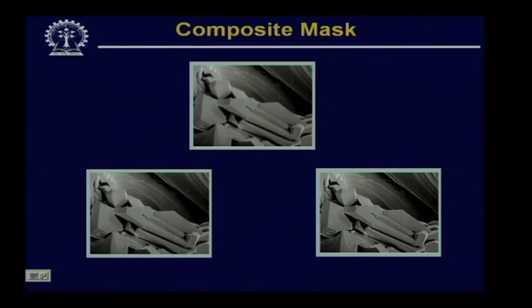And this is the result that we obtain using the composite mask, similar to the one that we have shown earlier. On the top we have the original image. The bottom left is an enhanced image obtained using a mask where only the horizontal and vertical neighbors are non-zero, whereas the bottom right is obtained using the mask where we consider the horizontal, vertical and diagonal coefficients to be non-zero.